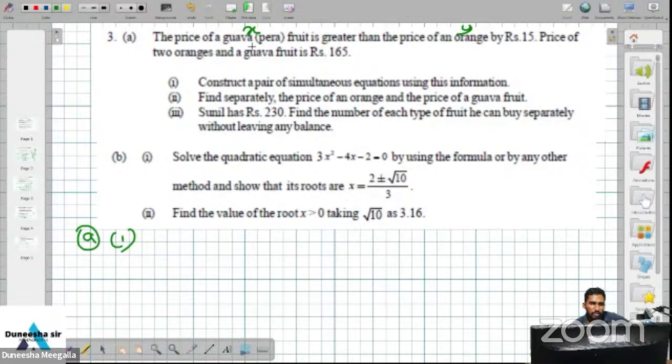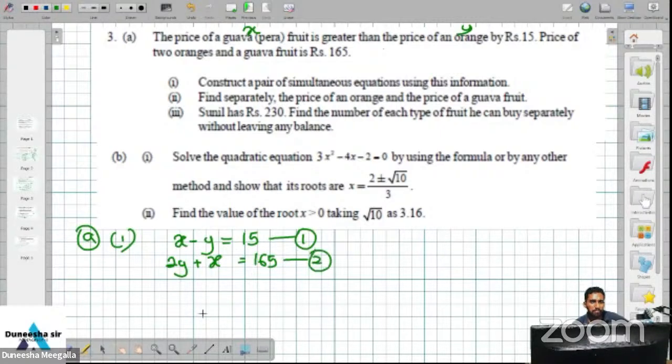The price of a guava fruit is greater than the price of an orange. Then x minus y equal to 15. It's the first equation. Price of 2 oranges and 1 guava: 2y plus x equal to 165. It's the second one.